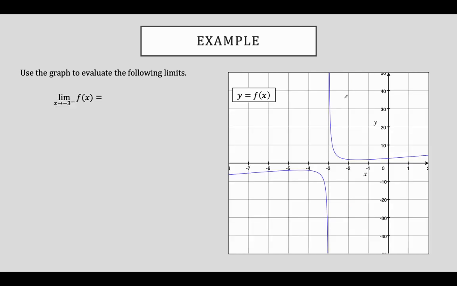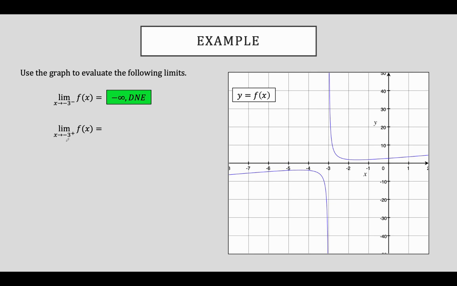Let's look at another one. Use the graph to evaluate the following limits. The limit as x approaches negative 3 from the left of f of x. Well, as I'm traveling along my curve and my x values are getting closer and closer to negative 3 from the left, my y values are going down, down, down to negative infinity. Therefore, we write negative infinity, comma, DNE.